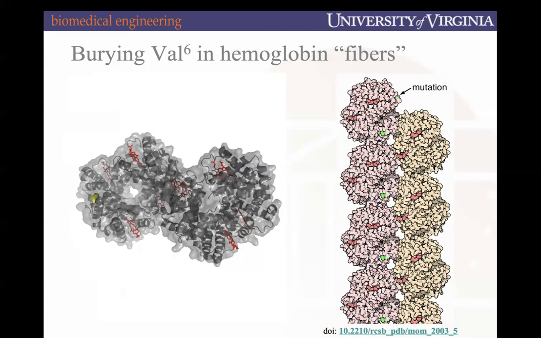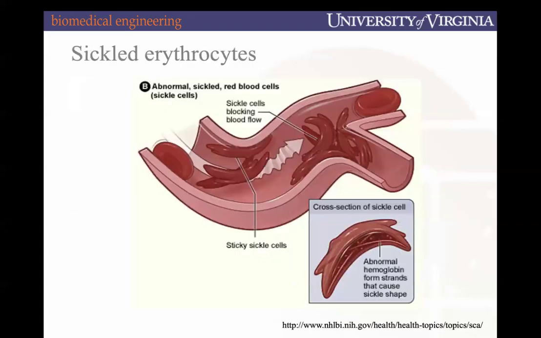Now that other hydrophobic amino acids are available, they're going to be stacked on top of other mutated hemoglobins. So within a single red blood cell, we now have these fibers forming from hemoglobin that change the structure of the entire red blood cell from this donut bagel shape that's nice and pliable and can fit through small capillaries.